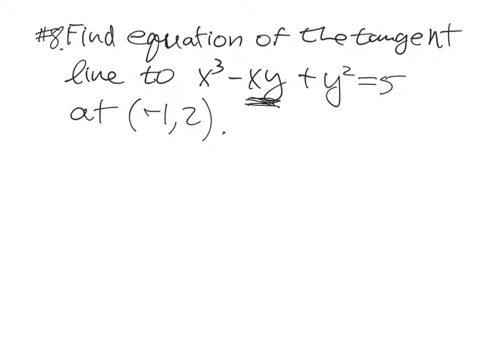With implicit differentiation, we take the derivative. Where we're talking about the tangent line, we want the slope, which is dy by dx.